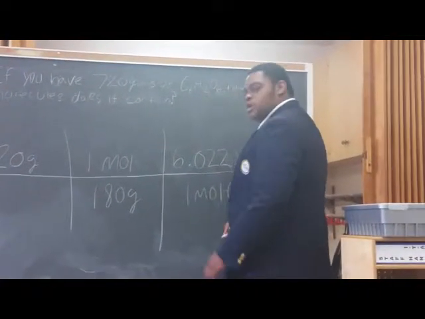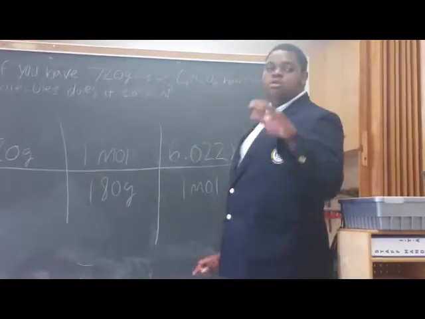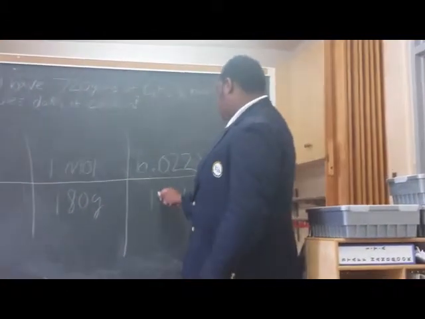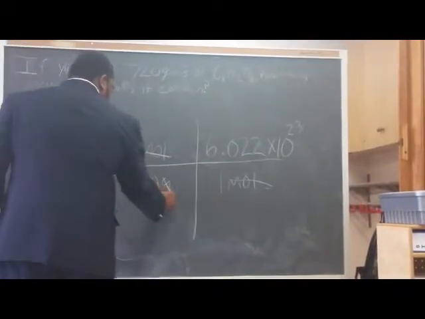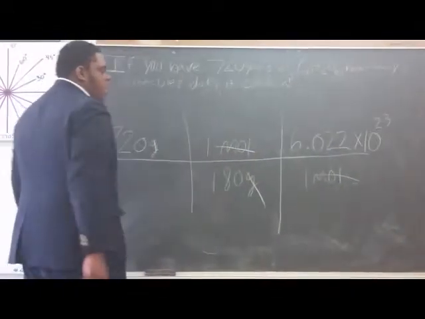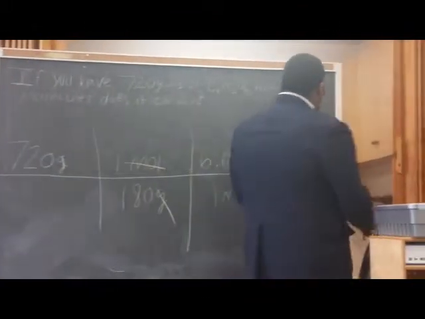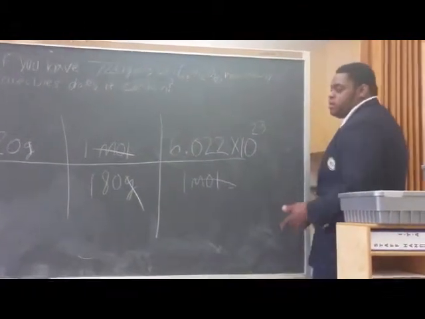Now, with all of this set up, you can start crossing out your common factors. Moles will cancel out, and grams will cancel out. So your ending unit will be molecules, which is a little too long to write right here.